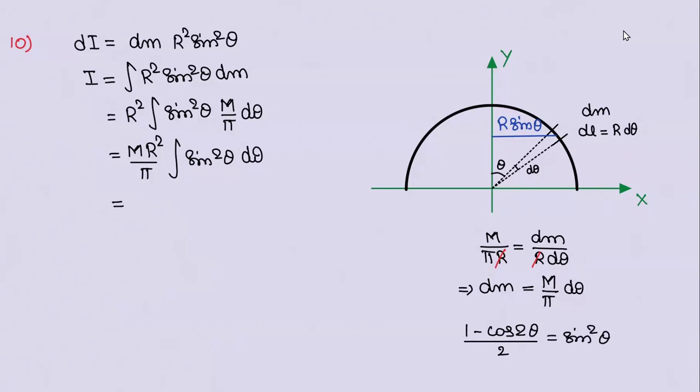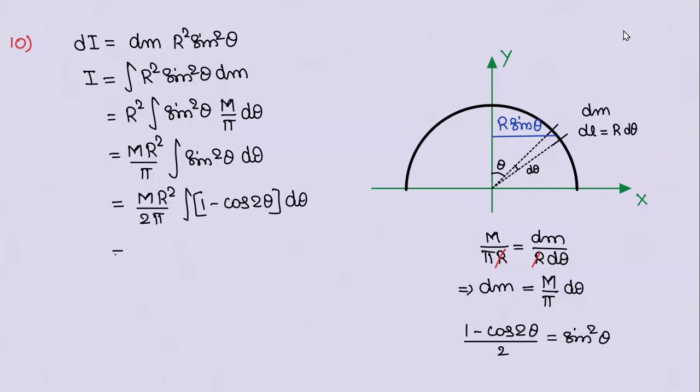So I replace sine square theta with 1 minus cos 2 theta by 2, m r square by 2 pi. What I did is that this 2 is there, na? I took it common. Directly I'm writing integral 1 minus cos 2 theta d theta.